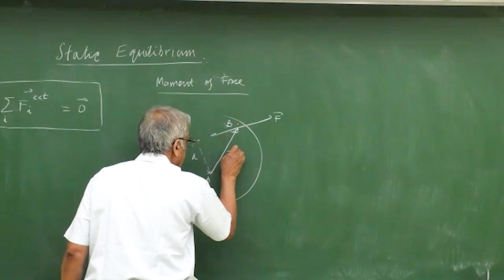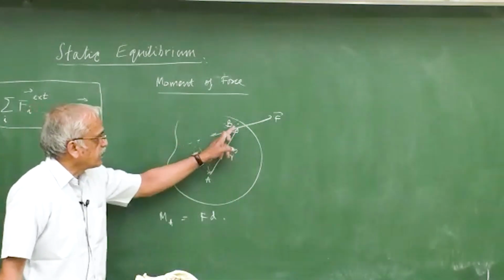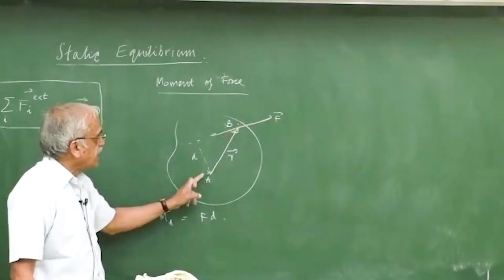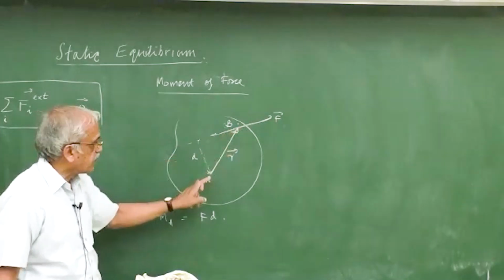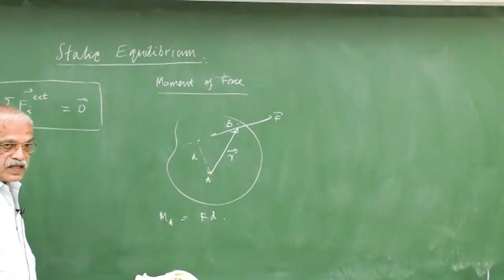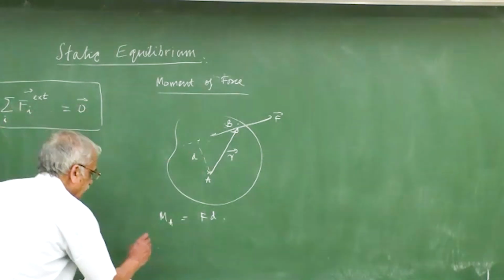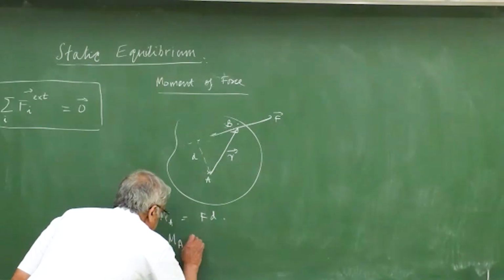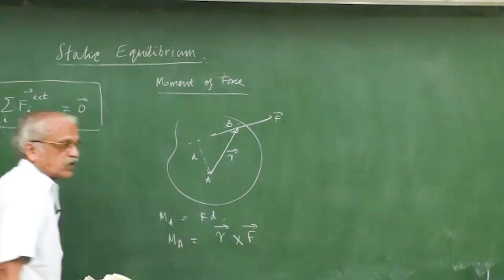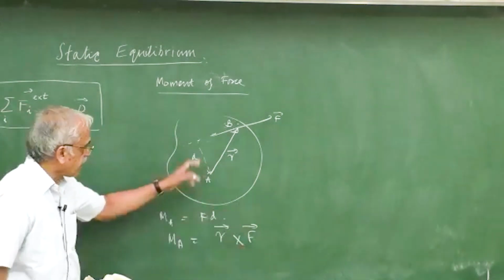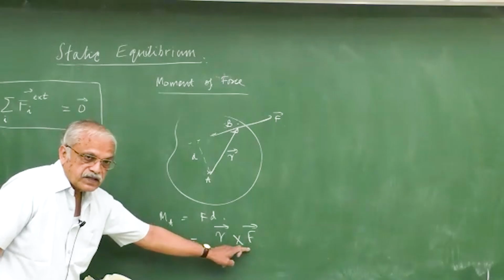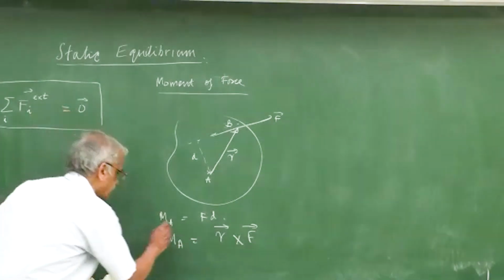We have taken a point B on the line of force, and now we call this vector AB as R. So we know that this can now be represented in a much more compendious manner as MA is equal to R cross F. You can very well see that R cross F has a magnitude same as FD, and we have also made this into a vector.